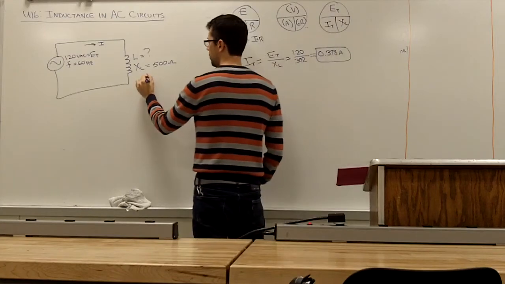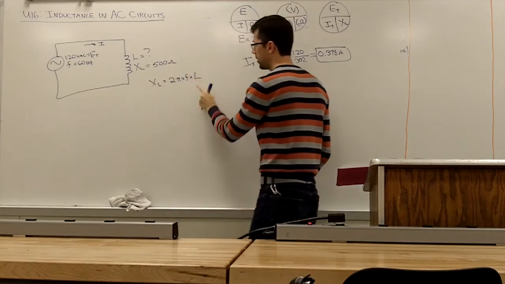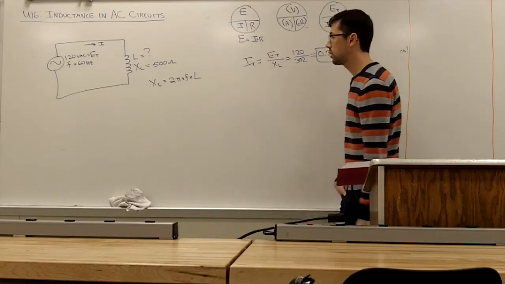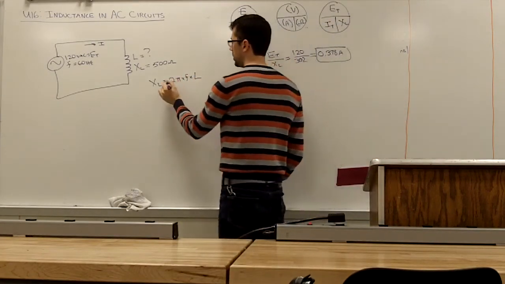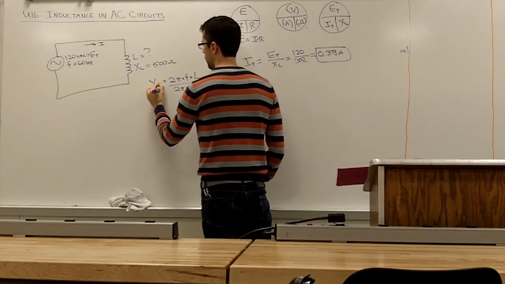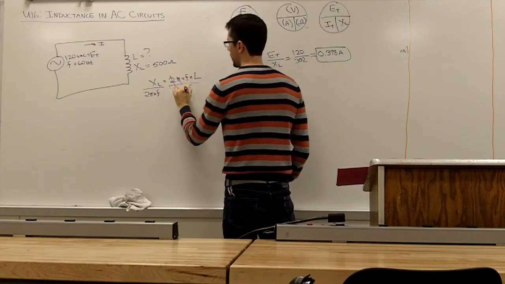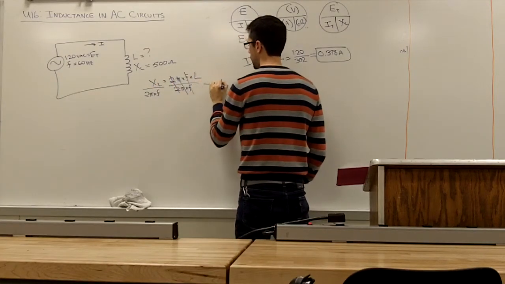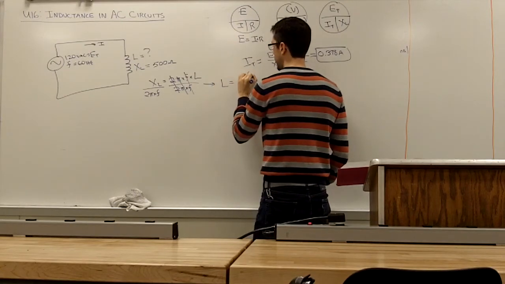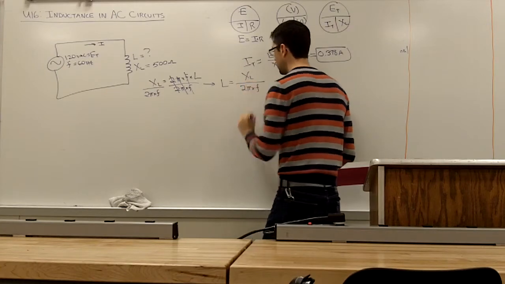Well, we know that inductive reactance, XL, is equal to 2 pi times the frequency times L. We're trying to find L, so we're going to algebraically solve for it in this equation. I'm going to divide each side by 2 pi times the frequency. That cancels that all out, and finally I get L equals the inductive reactance divided by 2 pi times the frequency.